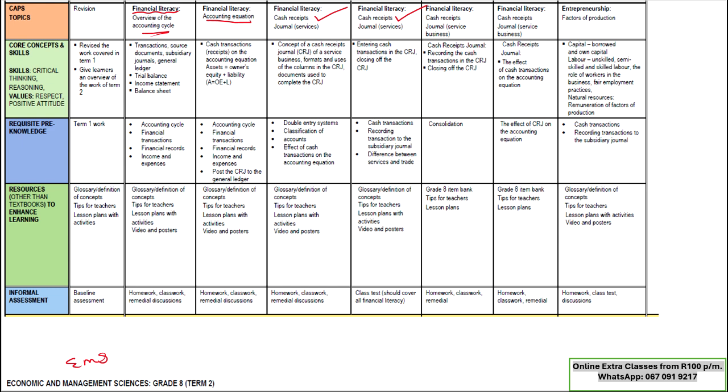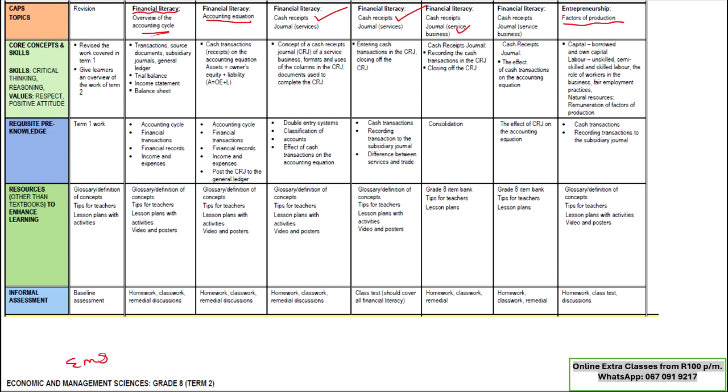We mostly spent most of our time on cash receipt journals. We also looked at the different factors of production, so I'm assuming that by now we all know our factors of production.